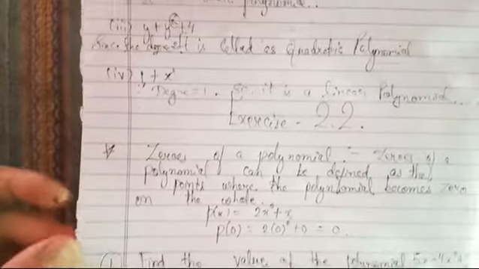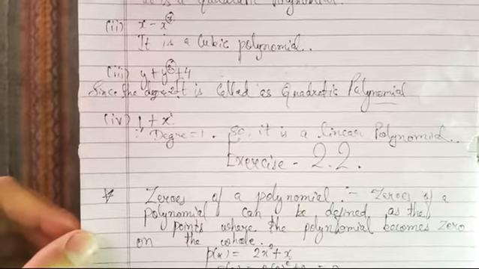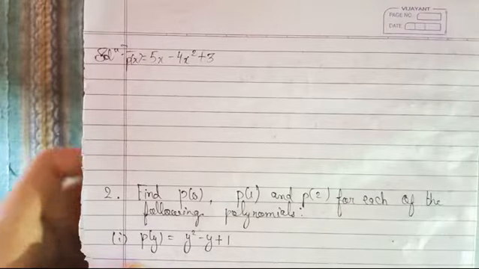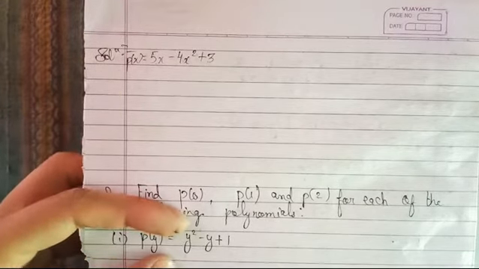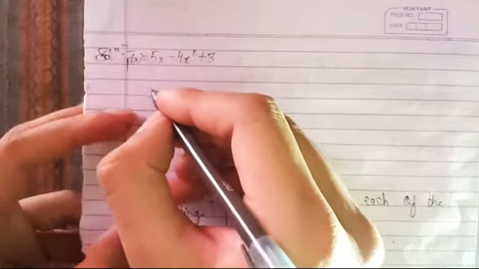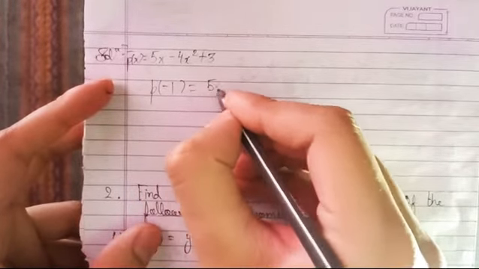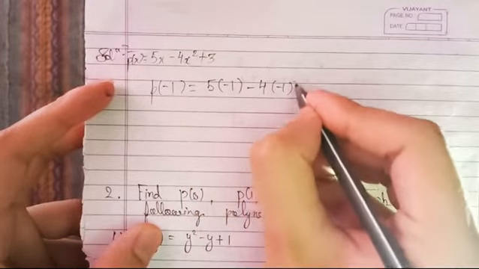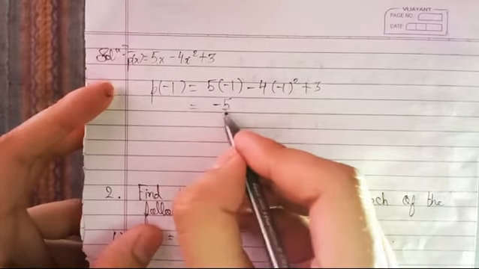In the same way, we have to put x equal to minus 1 and x equal to 2. So 5x minus 4x square plus 3, that is the polynomial. Now we will put x equal to minus 1. So p(minus 1) is equal to 5 multiply with minus 1 minus 4 multiply with minus 1 square plus 3. 5 into minus 1 is minus 5.